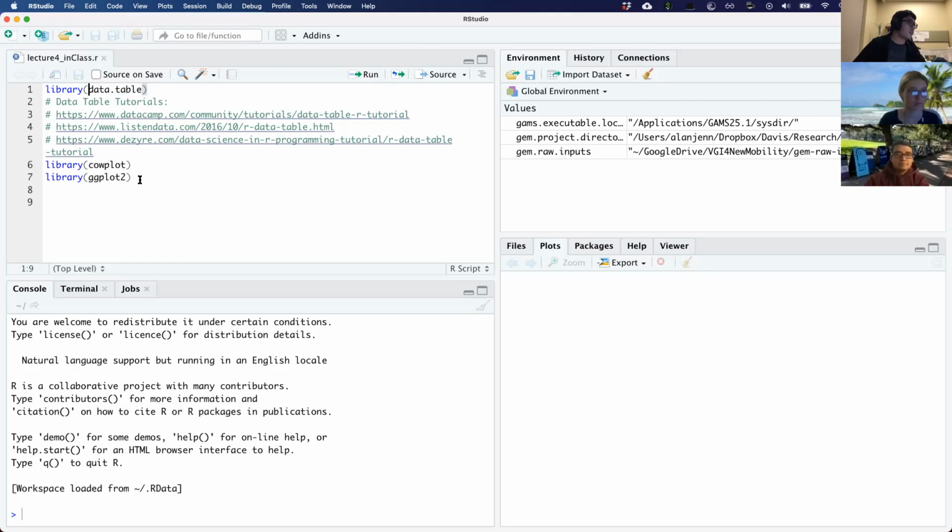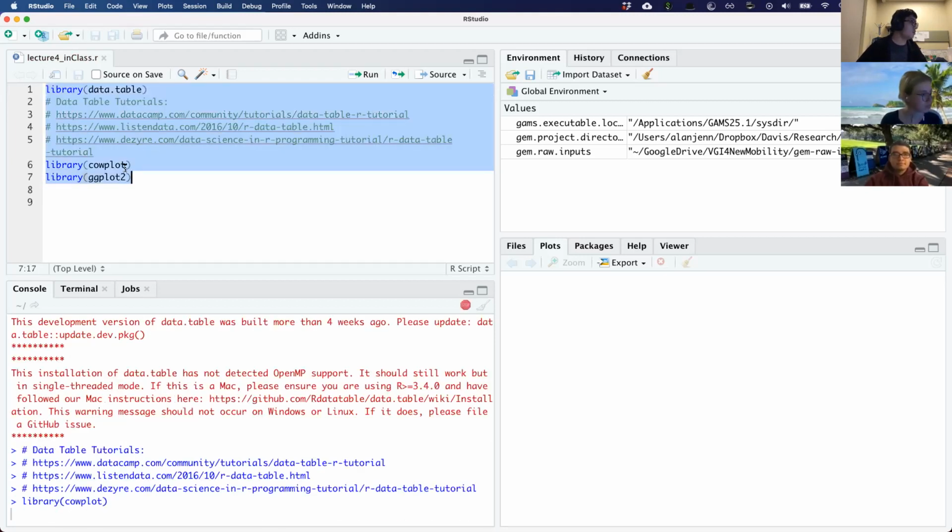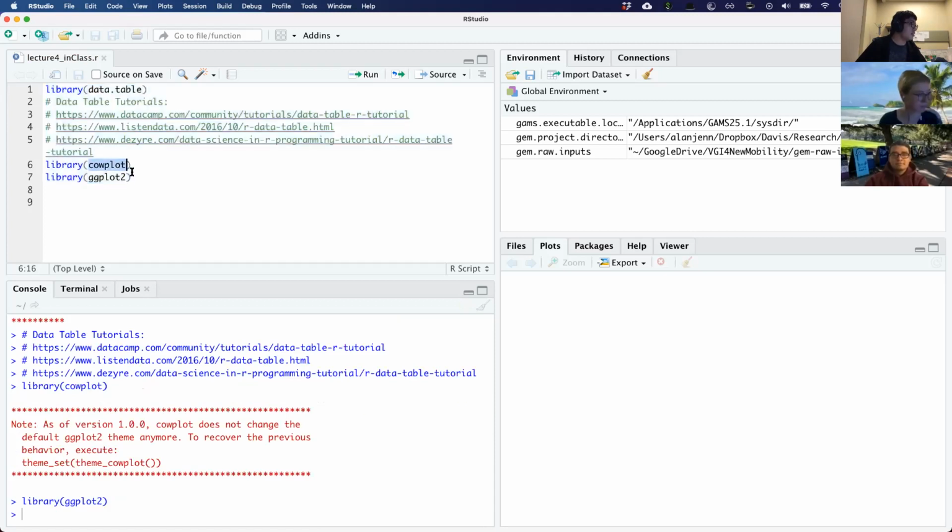And so here I'm just loading three fairly common ones. The first is data table, and then there's a package called Calplot and ggplot2. So I'll talk really briefly about these. I'm not going to go into a huge amount of detail, but because I often employ tools coming from these packages, I did want to provide some details.